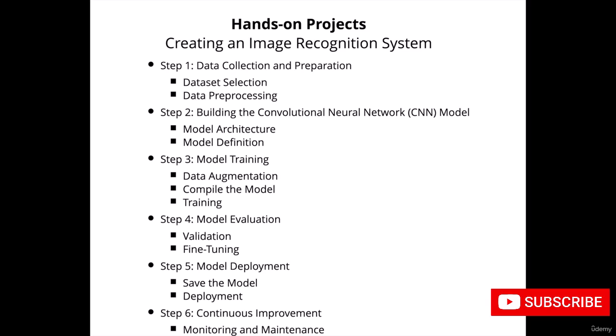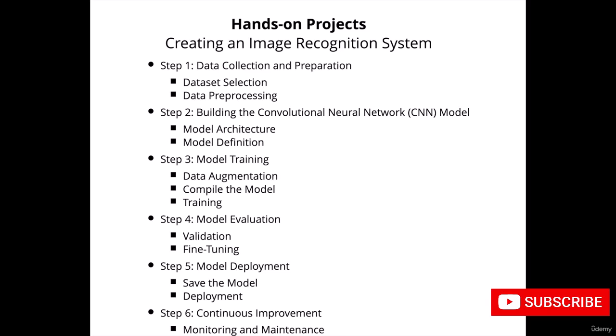You can start with a simple architecture like LeNet or use more complex architectures like ResNet, Inception, etc. Model definition: define the CNN model using TensorFlow's Keras API. Specify the number of convolutional layers, pooling layers, fully connected layers, and output layers.